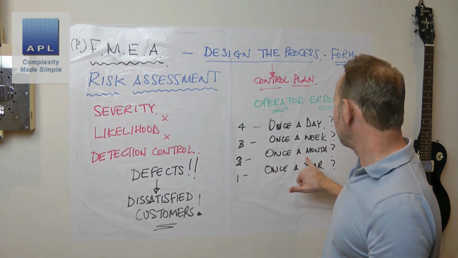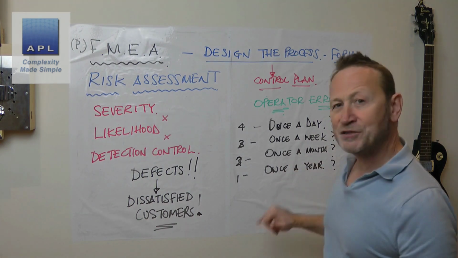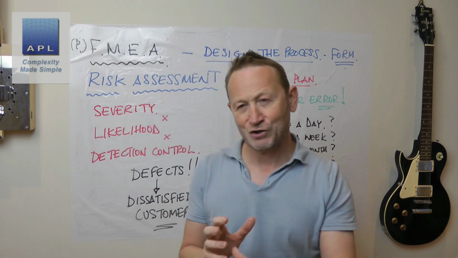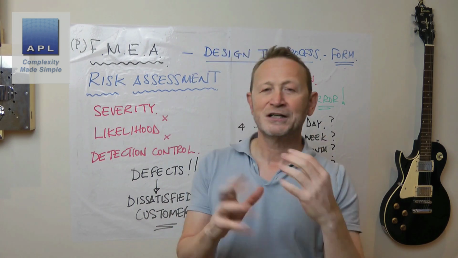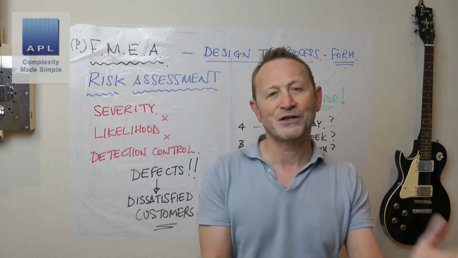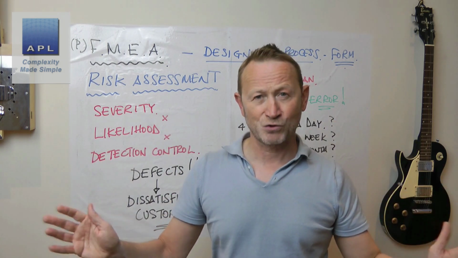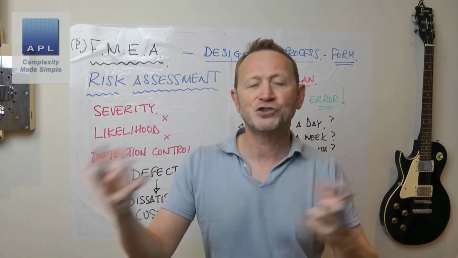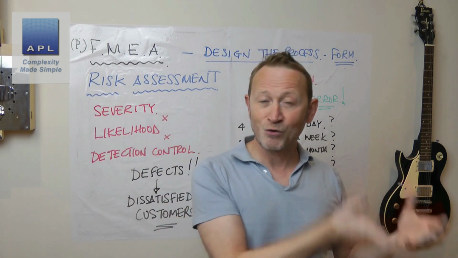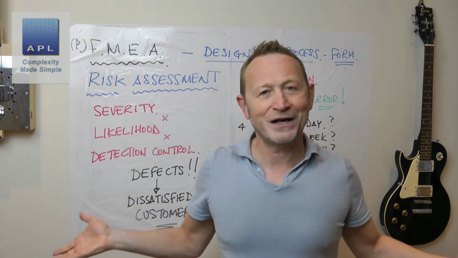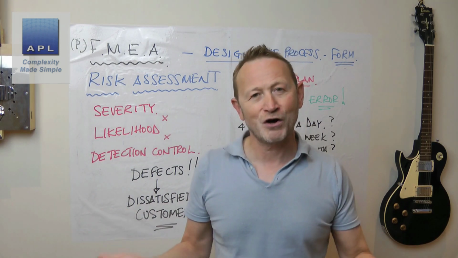But you know, we might say, well, we're likely to make it once a month. If the operator's not concentrating, if we're rushing, and we don't have equipment to tell the operator how dry something is. So even though they're trying to adhere to the rule, there might have been a shift change and they might not know when the material was put in the dryer. So they don't know whether the material is dry or not.